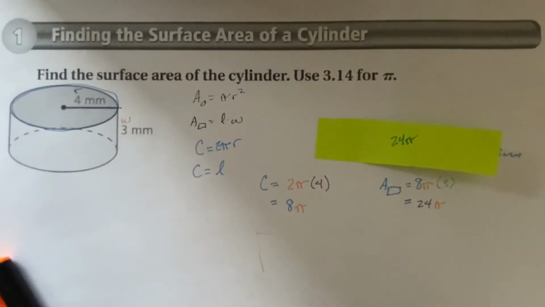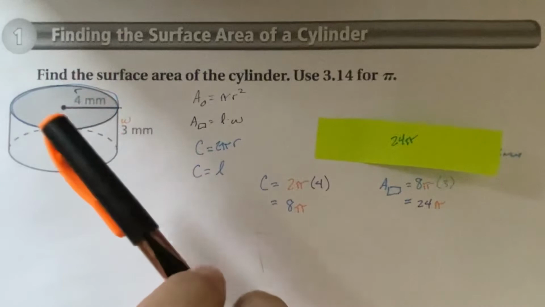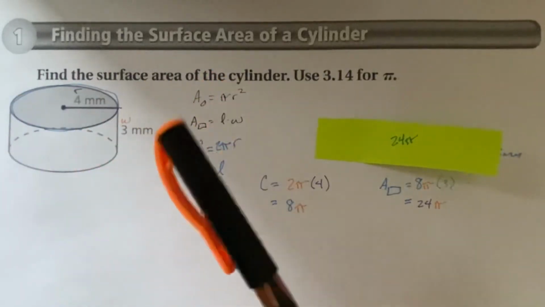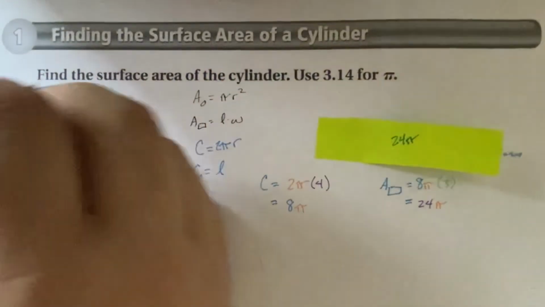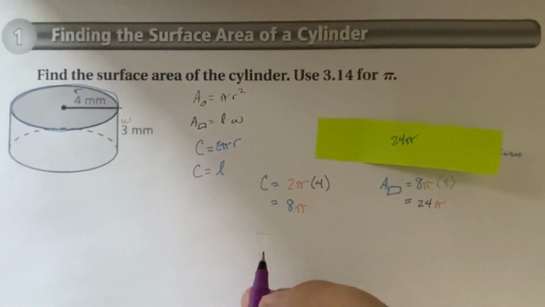Now remember, the surface area is the sum of the area of all pieces. So I have to find the area of that circle. The area of the circle is pi r squared.